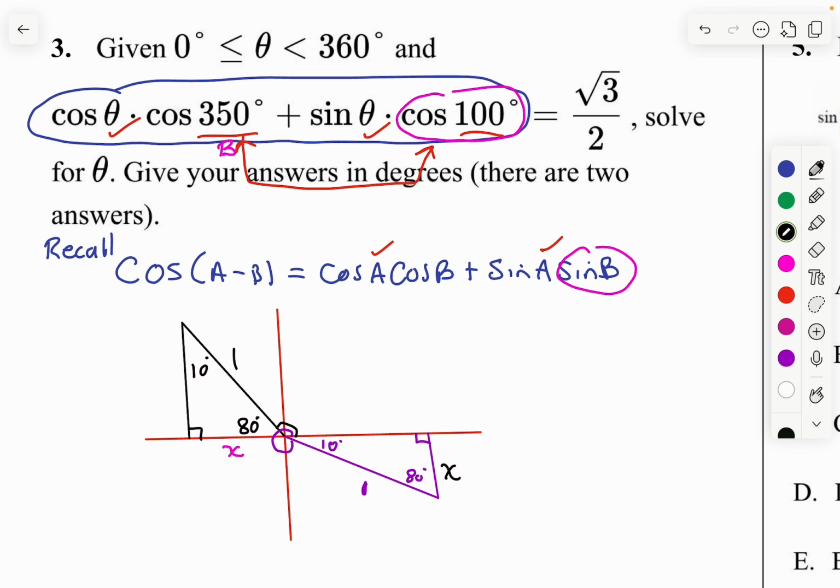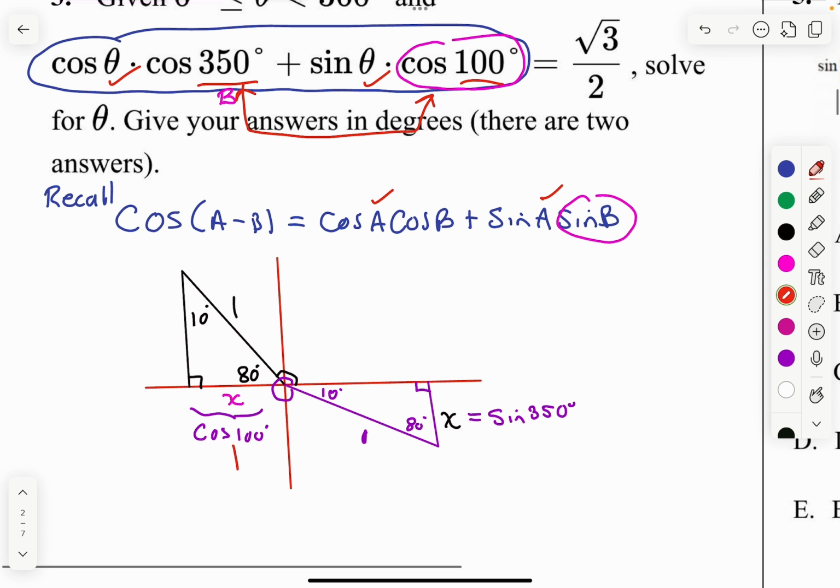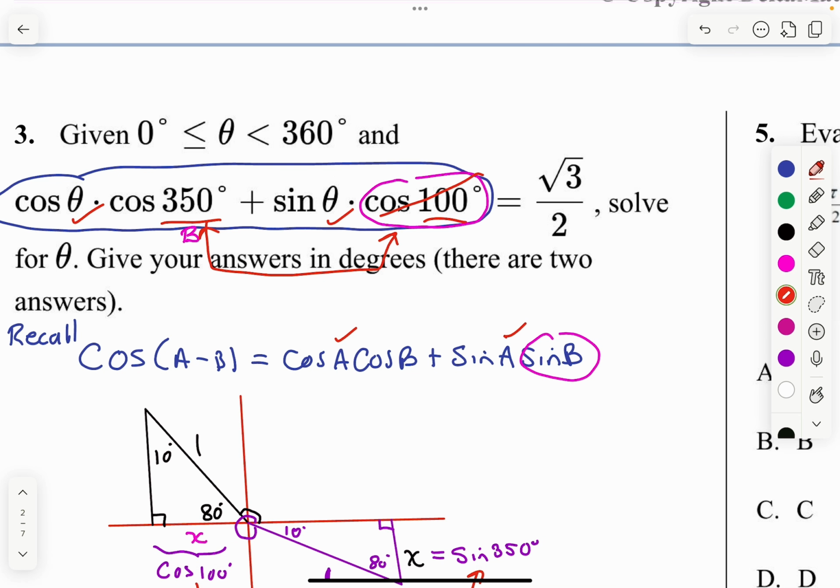The thing to notice is that this here is the sine of 350 degrees. We rotated 350 degrees, that's its y coordinate. And this is the cosine of 100 degrees, and we see that they're equal. So cosine of 100 degrees is equal to sine of 350, and up here I can just replace that with sine of 350.